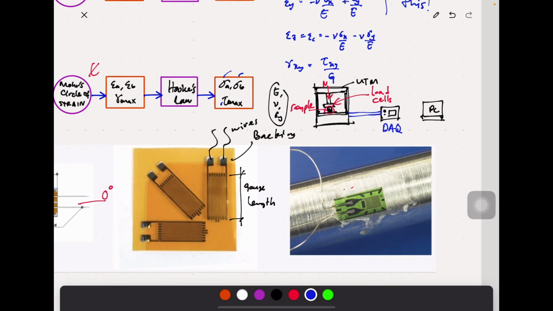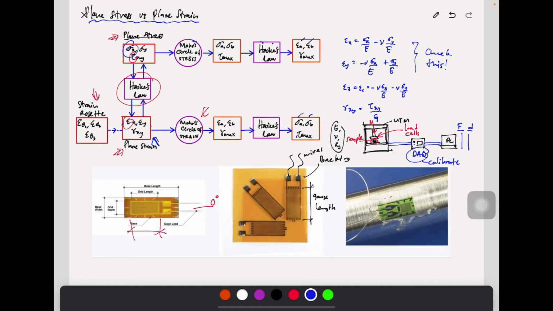The DAQ system is where you calibrate. Every time you install the load cell, it needs to be calibrated. Otherwise, the reading is going to go off. Then it goes to the PC and reads your data, perhaps in this case force and displacement, so Newton and millimeter. This is how engineers measure the strength of the material.